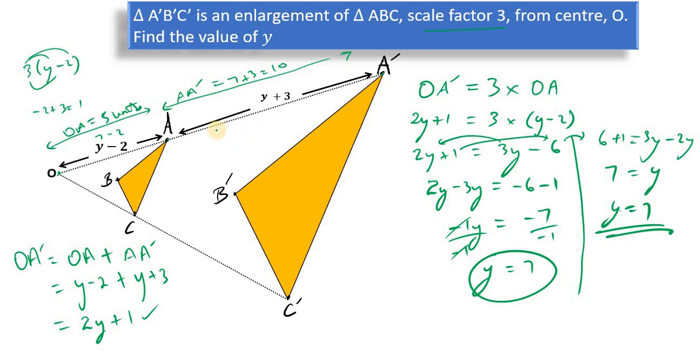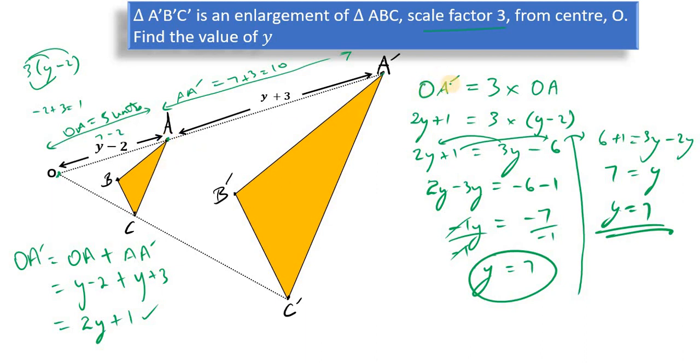Now, you might wonder how this could be 5 and this be 10 if the scale factor is 3. Remember, it's from O to A prime. It's from the center of enlargement to A prime. That is 3 times the distance of the same center of enlargement to the corresponding object vertex A.